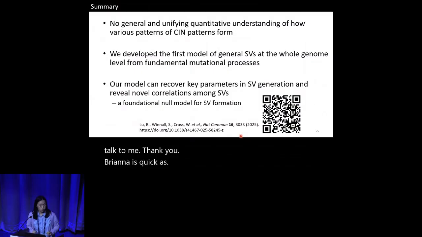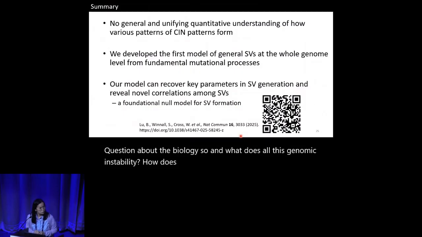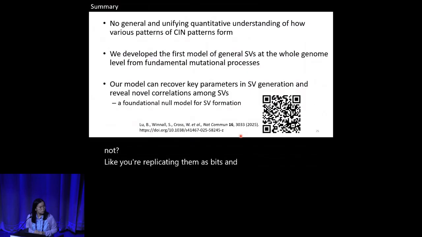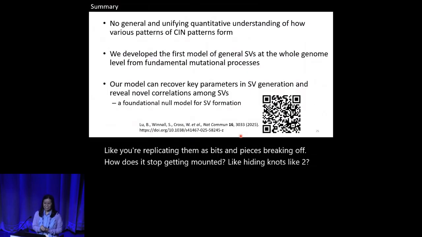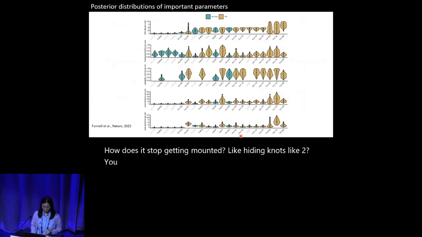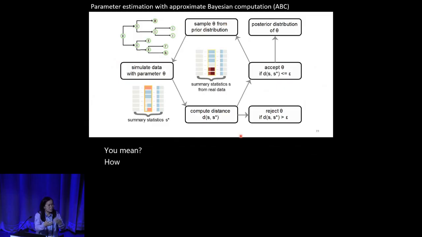Question about the biology. With all this genomic instability, how does the genome avoid becoming horribly knotted? If you're replicating and there are bits and pieces breaking off, how does it stop getting tied in knots, like two replicating chromosomes? You mean how this chromosomal instability initiates?